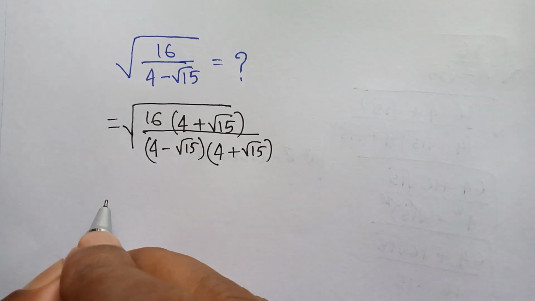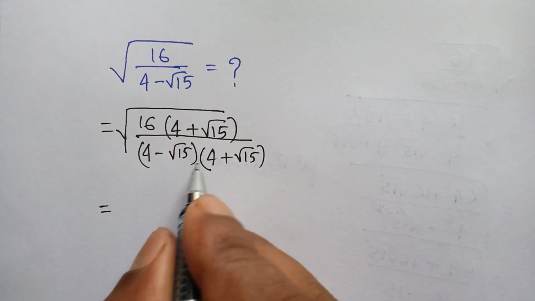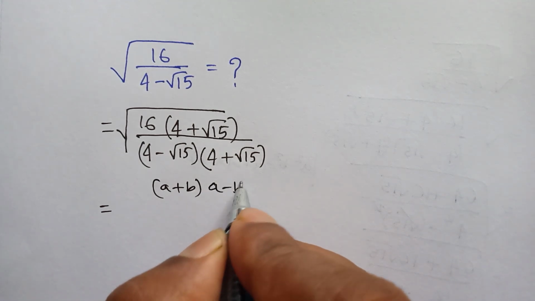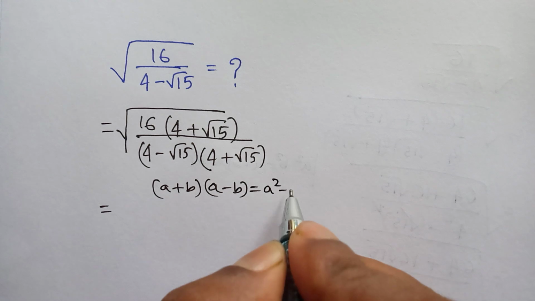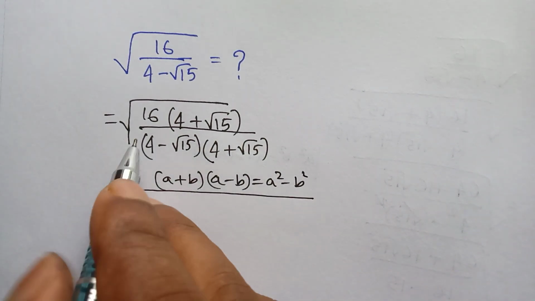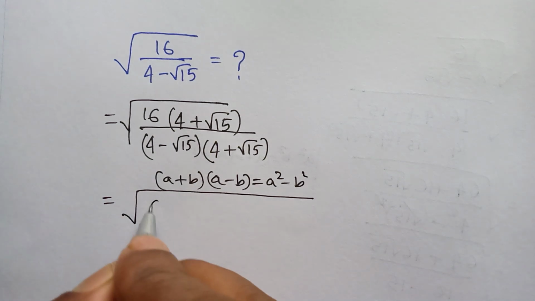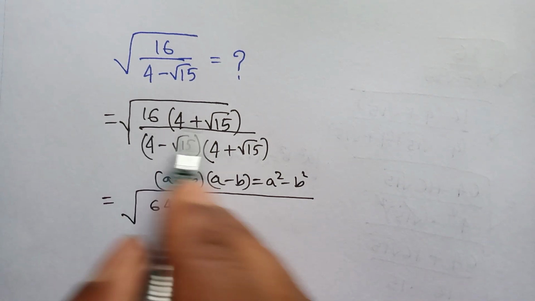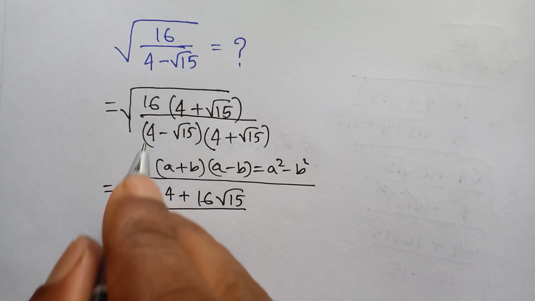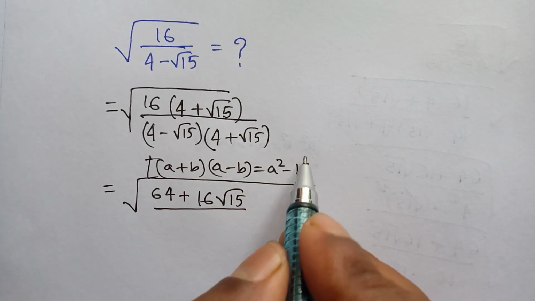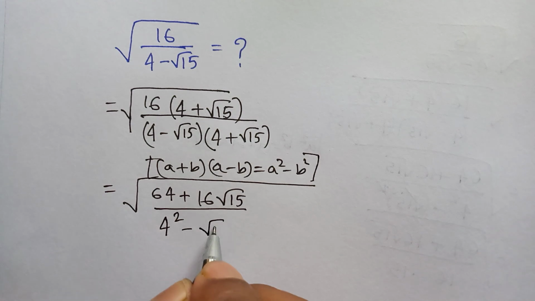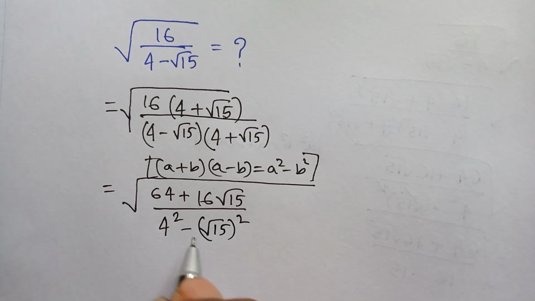And next step, we can use the formula (a plus b) times (a minus b) is equal to a square minus b square. So under the square root, this 16 times 4, which is 64, plus 16 times root 15, which is 16 root 15, over, according to this formula, 4 square minus root 15 whole square.